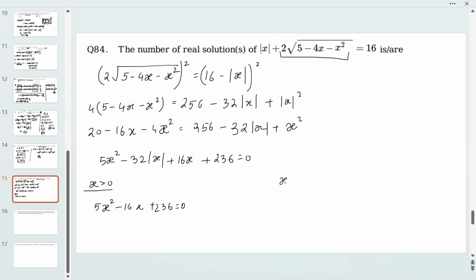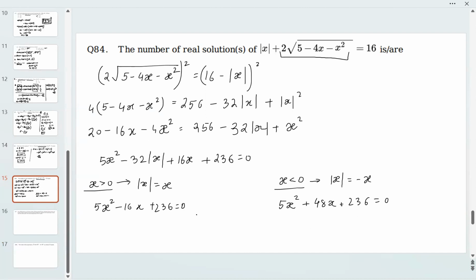And if x is less than 0, mod x will be minus x. So minus minus plus, so plus 32x plus 16x. So my equation will be 5x square plus 32 plus 16 is 48x plus 236 equals to 0.